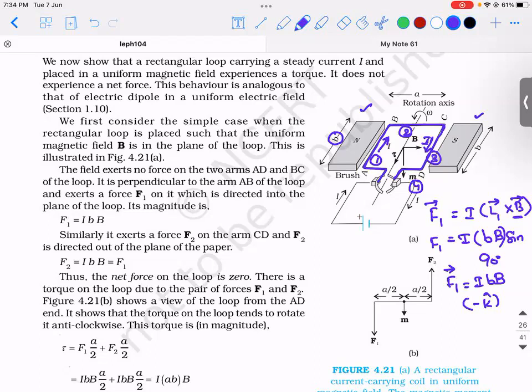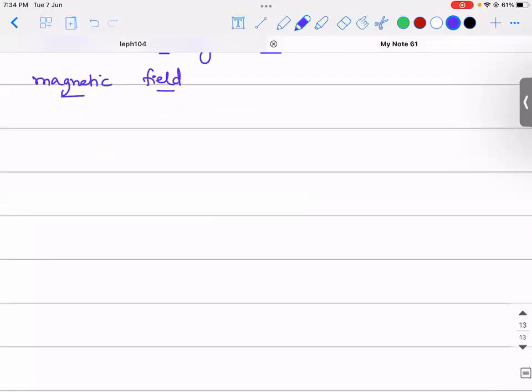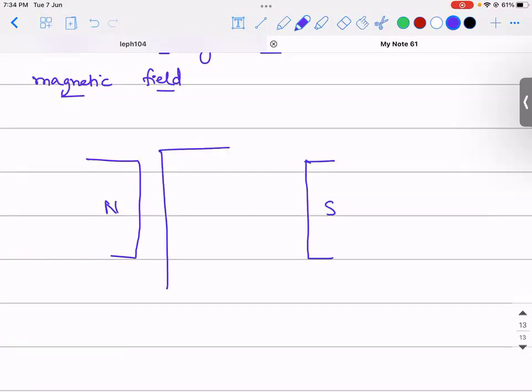So let me make the same thing simple for you. North pole, south pole. Let's say you have a current carrying coil like this. Okay.